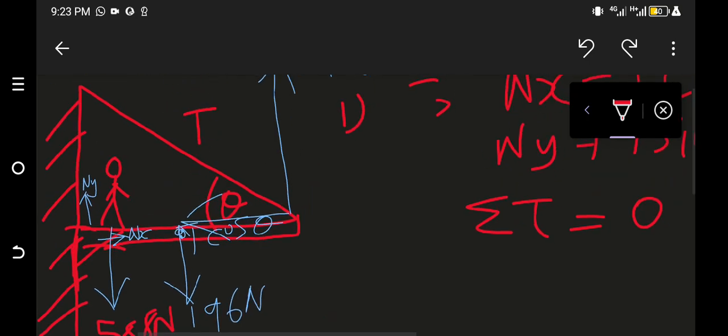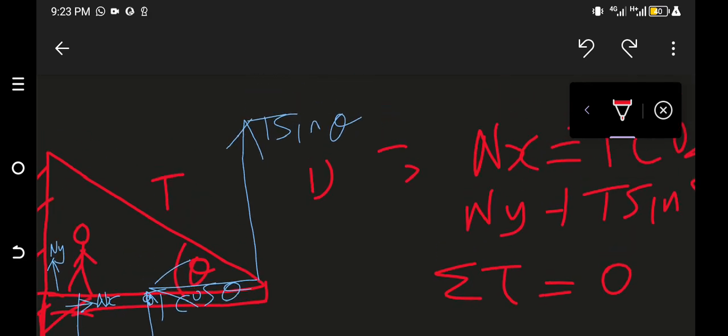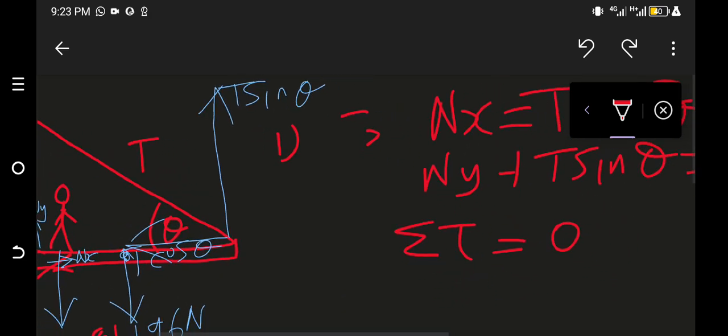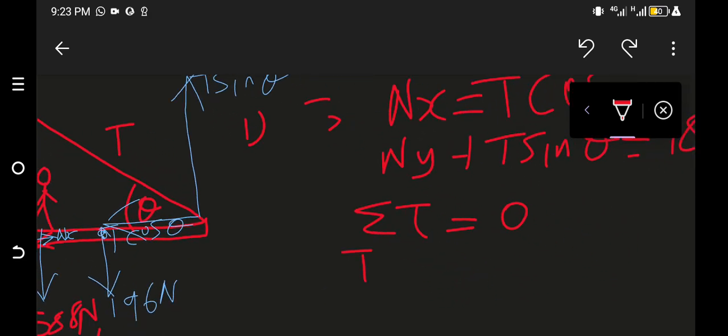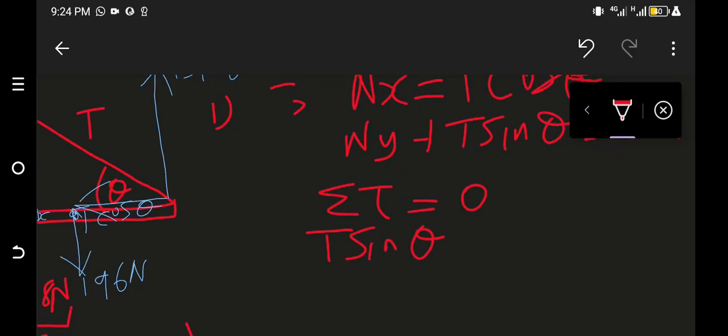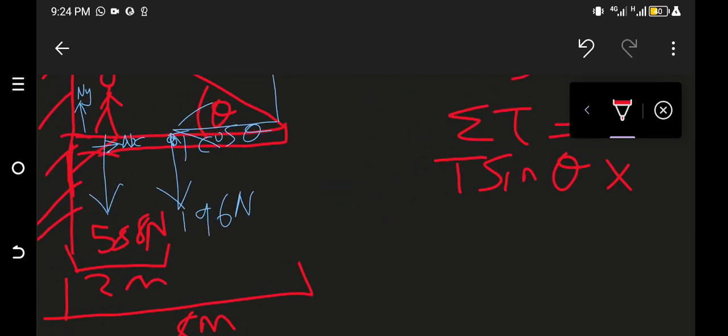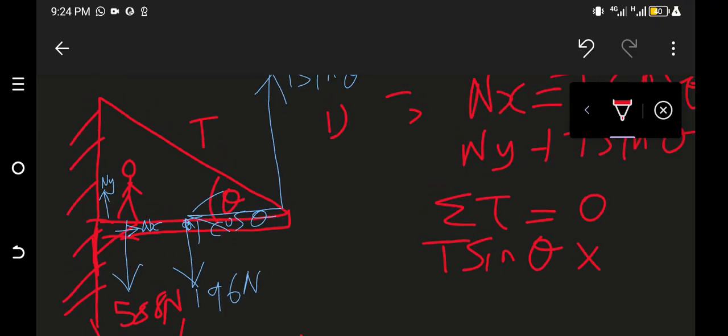Which one is producing an anti-clockwise moment? It's the T sine theta. So it's T sine theta times the distance. The distance is 8 meters, because the T sine theta has a distance of 8.